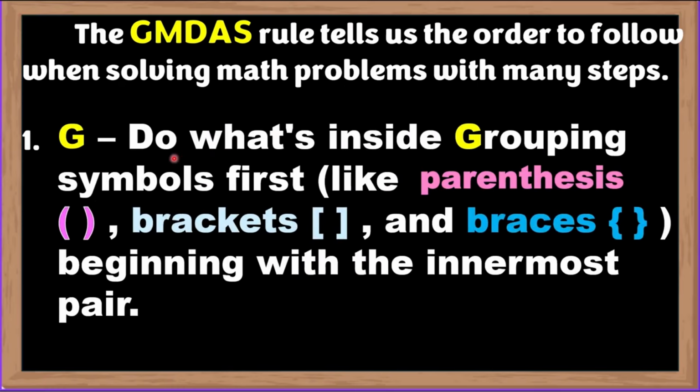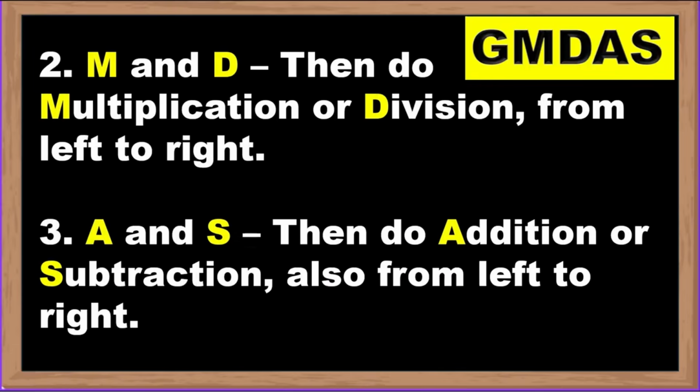Number 1, G. Do what's inside grouping symbols first, like the parentheses, the brackets, and braces, beginning with the innermost pair. Second, M and D. M stands for multiplication, D for division.